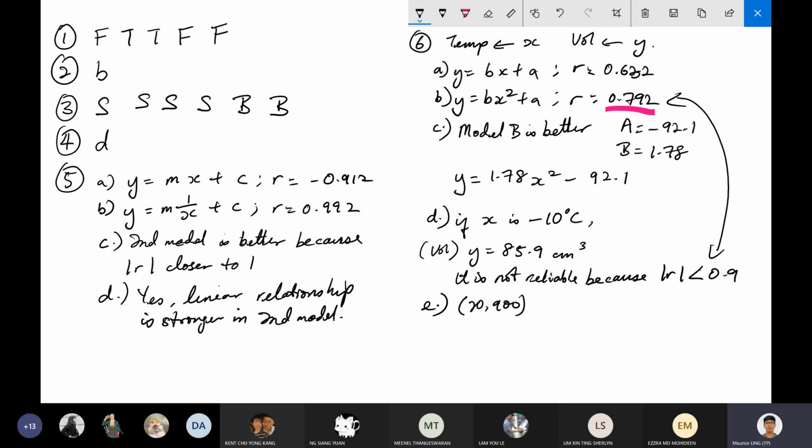So if you remove that and recalculate the correlation for model A, which is actually y equals bx plus a, what is the R value?